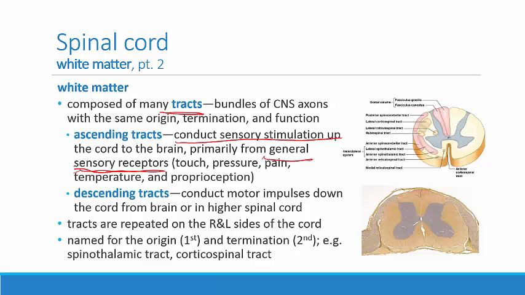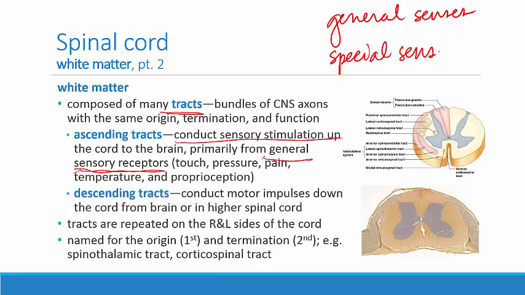We have not talked about sensory receptors yet. They're the general senses and what are termed the special senses. Special senses have specific organs. So we're talking about hearing, taste, vision, equilibrium, and what am I missing?